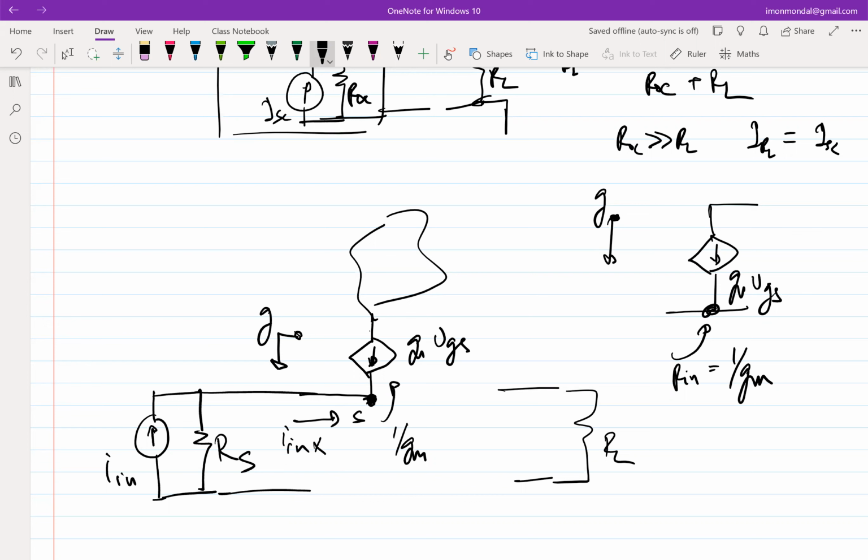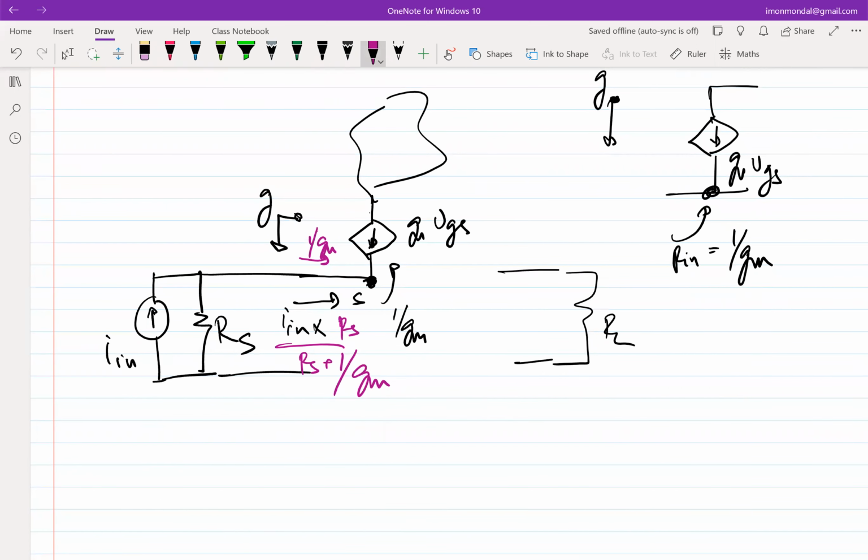The input impedance is 1 over GM. So the current that will flow in will be I in times RS upon RS plus 1 over GM. So what condition needs to be satisfied to ensure that the entire I in flows in? The condition is RS should be much greater than 1 over GM, or in other words, GM RS has to be much greater than 1.